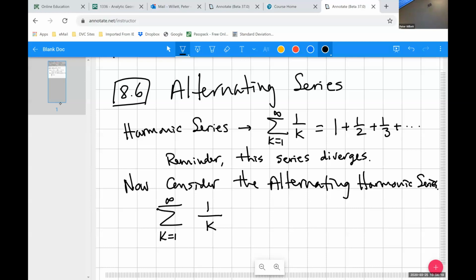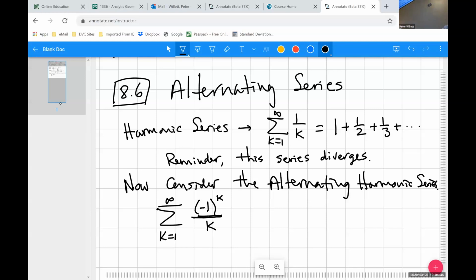So what I'm going to do is instead of just a 1 on the top, I'm going to put a minus on the 1, and then I'm going to put a power on it. So if I put k as my power, then the first term would be, k being a 1, -1 to the 1 power over 1, which would be -1.